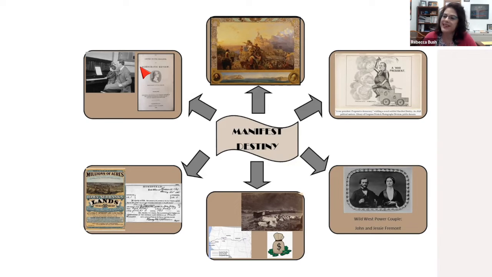So that if we ask them, as an assessment of some sort, to answer that compelling question, they are starting to organize the information in their minds around these 2 conflicting conceptual ideas about manifest destiny.